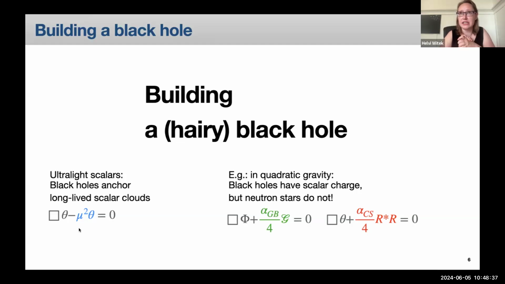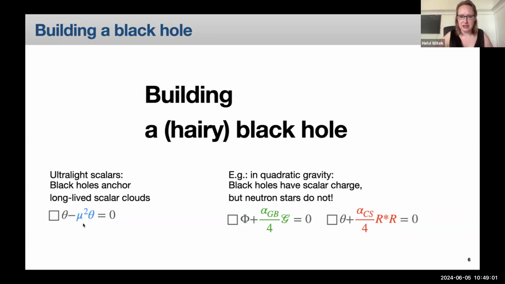So what does this mean? Well, you can associate wavelengths to this mu. If the Compton wavelength associated with this mass parameter is comparable to the size of the black hole, then you can actually form long-lived scalar clouds around the black holes. So it's not exactly a hairy black hole, but it's sufficiently long-lived to think of it as a hairy, in quotation marks, black hole.